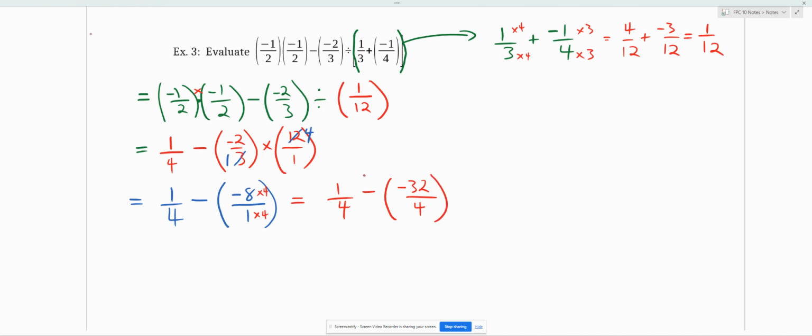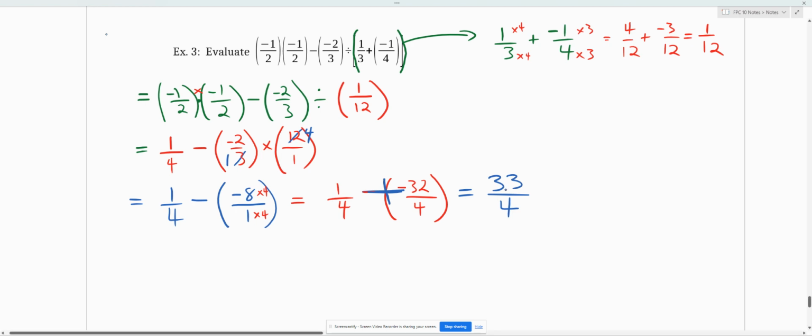Okay. And what do we do when we subtract a negative? I have common denominators. I now can subtract, but we know that subtracting a negative is the same as addition. So I'm going to write a giant plus sign. And now it's just 1 plus 32. That's easy. That's 33 over 4.